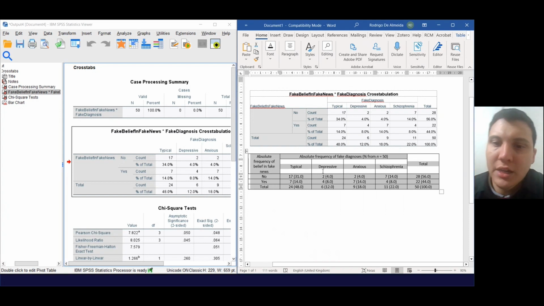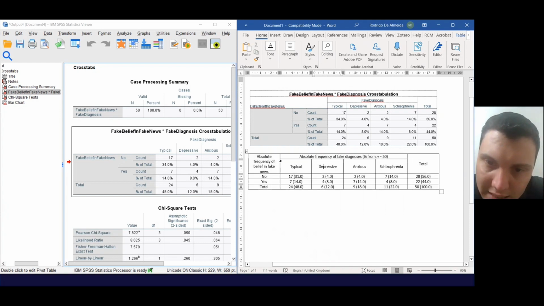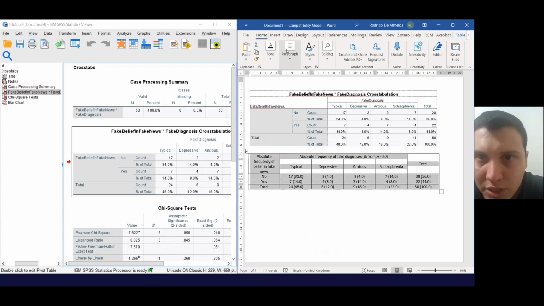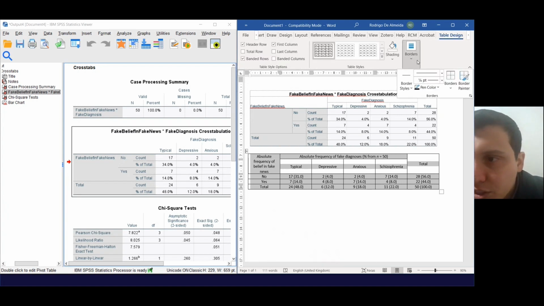Okay. Now, do we want all of these lines to be marked? We want all borders marked with lines? No, we do not. So the first thing we want to do, because we require such a few number of lines that we actually want to print, let's go to table, borders, and let's get rid of all borders.